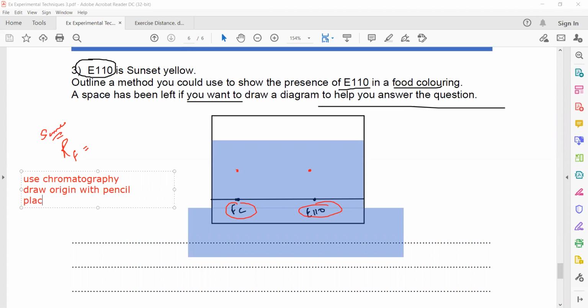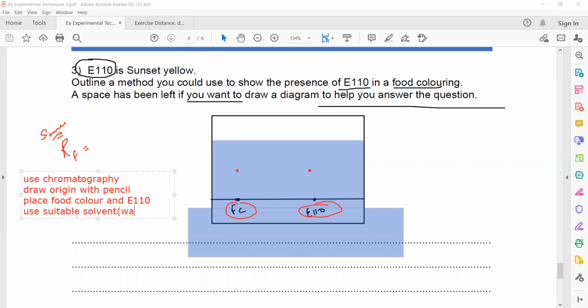Then we'll place food color and E110. We'll use a suitable solvent. When you mention this in the exam, don't just write use suitable solvent. You will mention the name of the solvent.